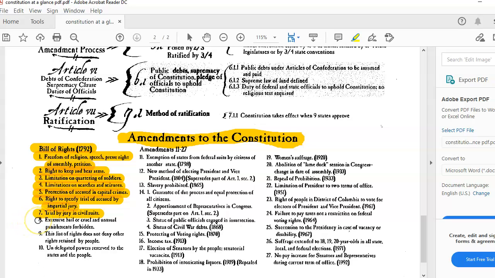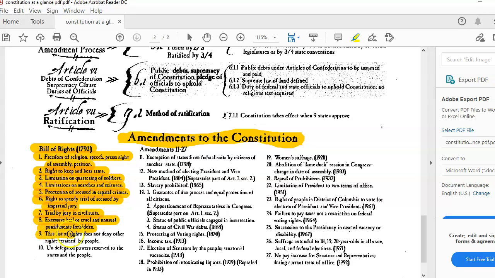Number 8, excessive bail or cruel and unusual punishment are forbidden. So that's when you get a lot of controversy over the death penalty. Is that considered cruel and unusual? Is that considered excessive? So that's kind of a debate and a controversy.